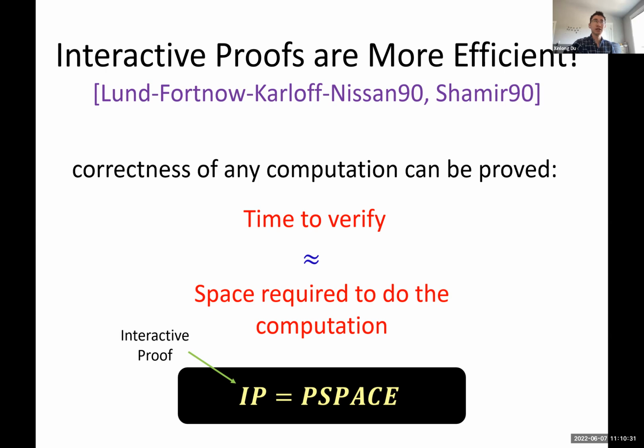So as I understand interactive proofs, we never 100% prove the statement that we want to prove. Then how do we talk about the efficiency of interactive proofs?